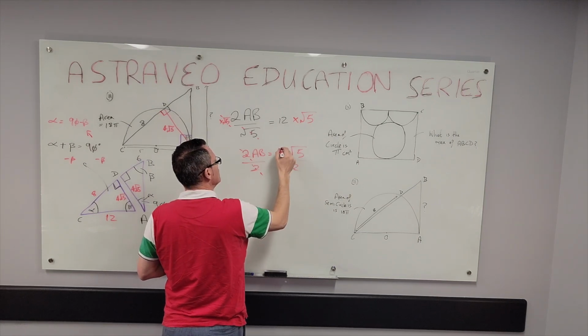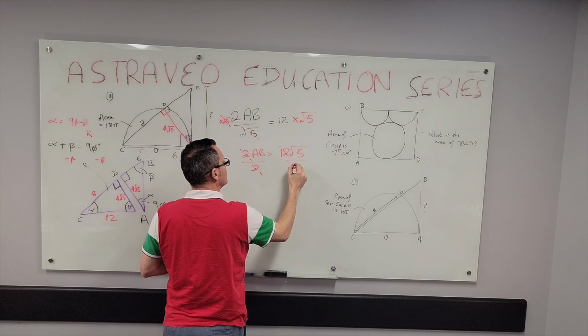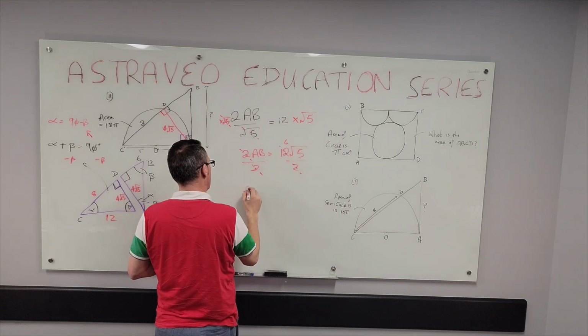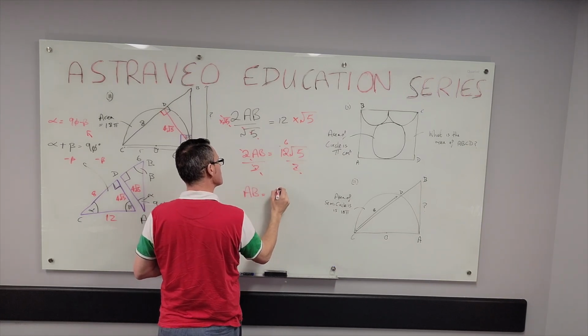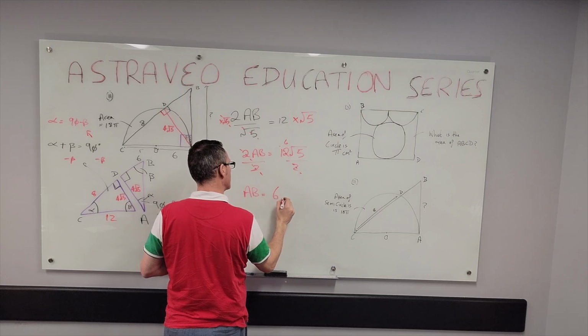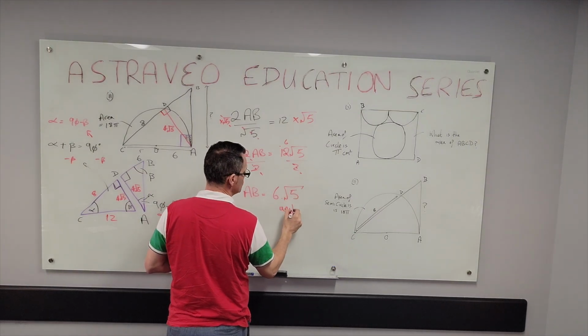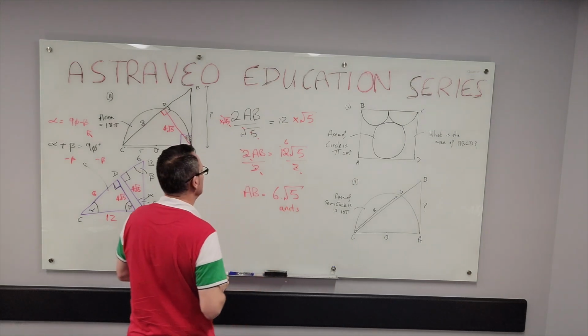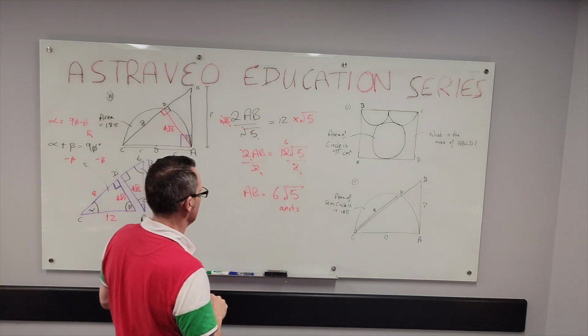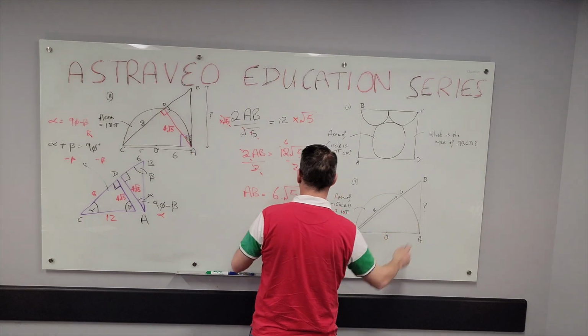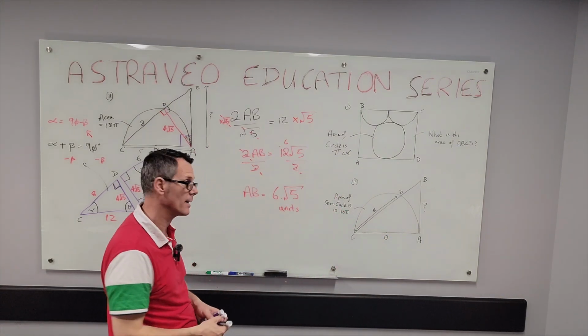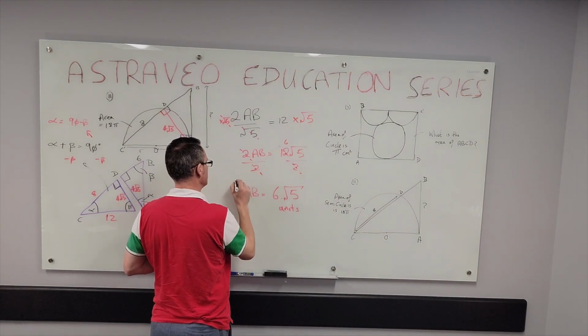They cancel. 12 divided by 2 is 6. AB equals 6 root 5 units. We don't know what those units are. They weren't specified. Is that what we needed to work out? AB is question mark. Yes, that is our final answer. We are in business.